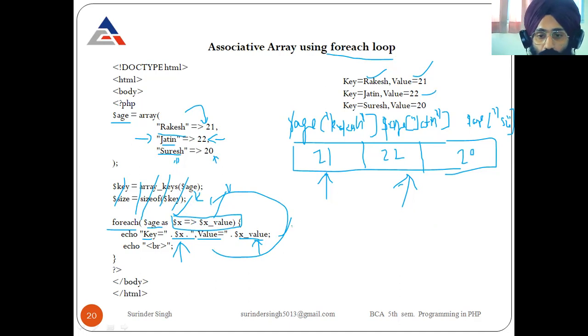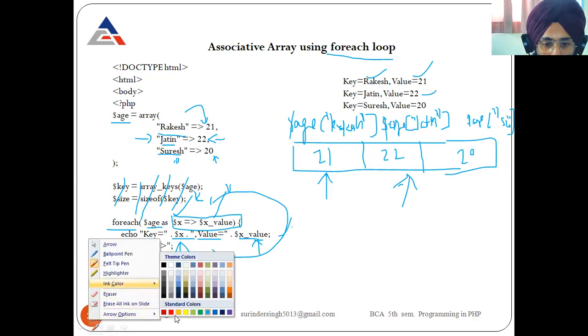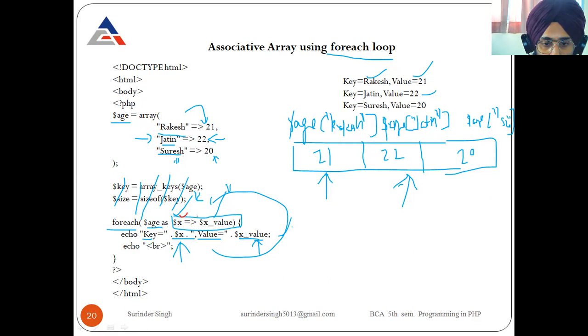Clear? This is how you can write an associative array in a foreach loop. Here you have to use variables. You can use any variable, like we are using x for the key and x value for the value. You can use any variable here, and you have to write in the same format, key and value. Okay, clear?